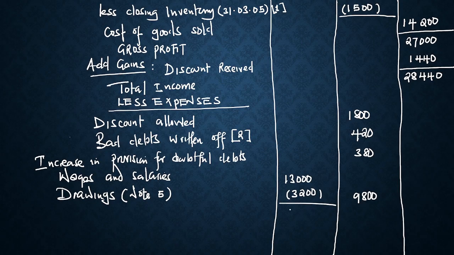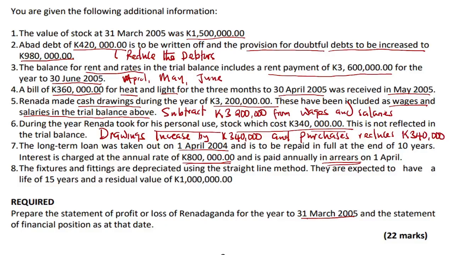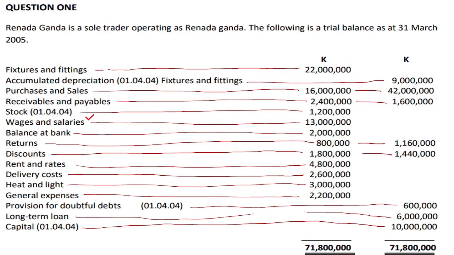We continue. I heard you mention something like rent and rates. What's the value? The value is 4,800. So here there is rent and there is rates. There are two things there.